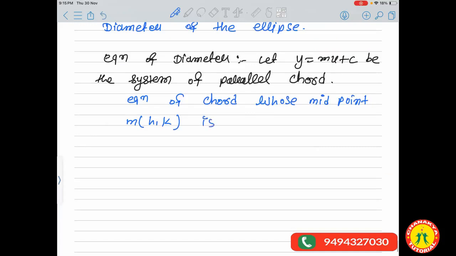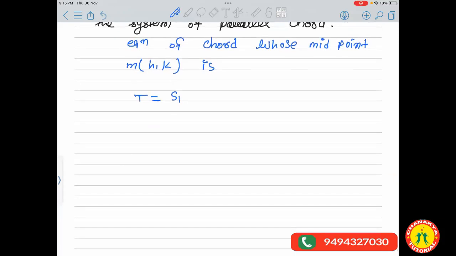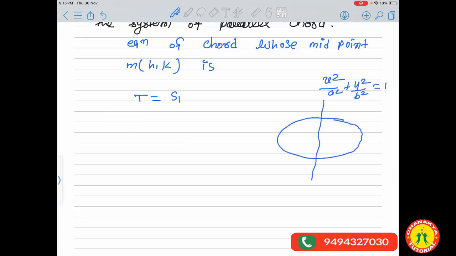We write T is equal to S1, where T means tangent and S1 is the point put in. So from h comma k, what point will you take? The ellipse equation is x square by a square plus y square by b square equal to 1. So let M be the midpoint h comma k of the chord PQ.